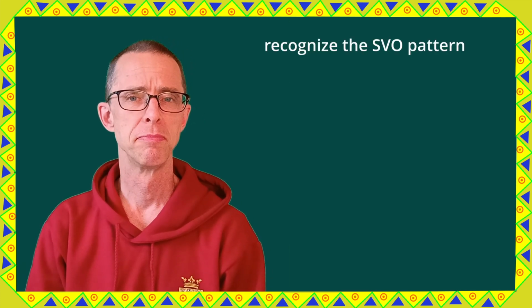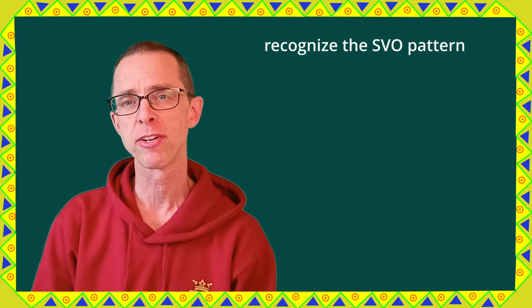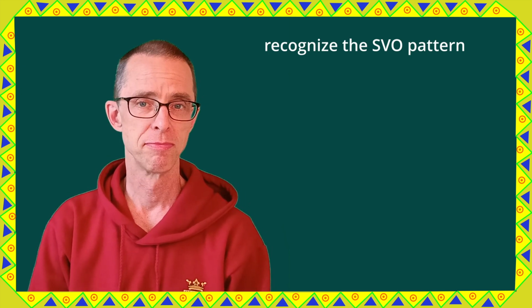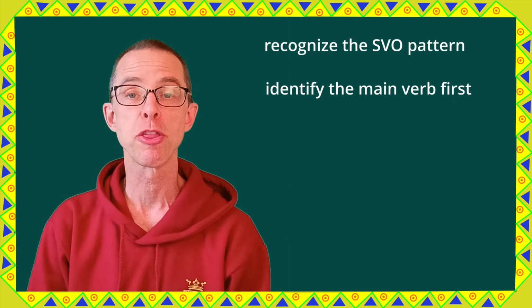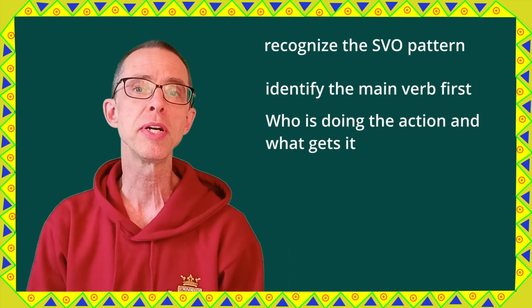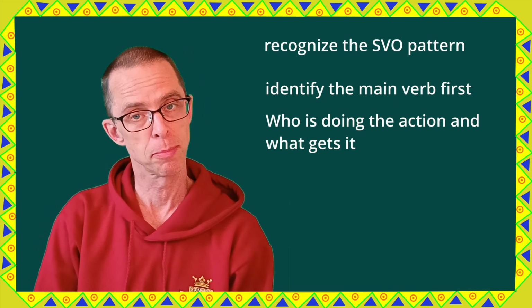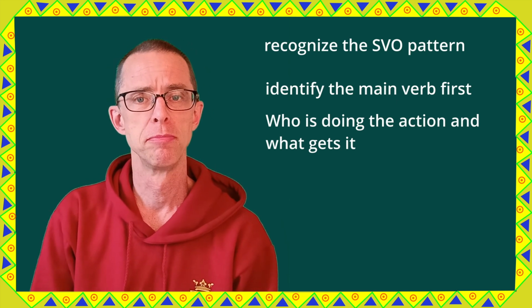To practice this technique yourself, try these simple steps. Train yourself to recognize the basic SVO patterns in English sentences. When listening to complex sentences, identify the main verb first. Then locate who is performing the action, subject, and what receives it, object.